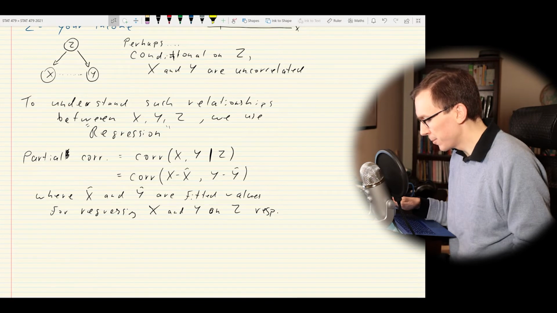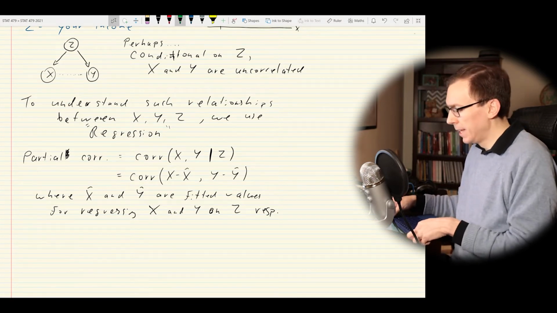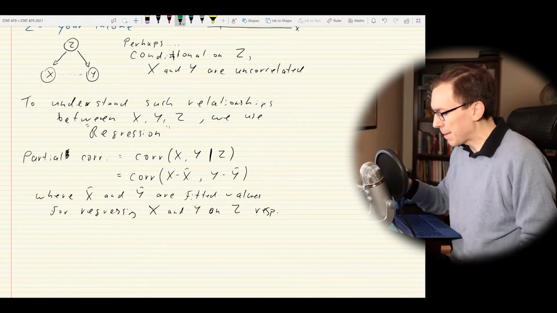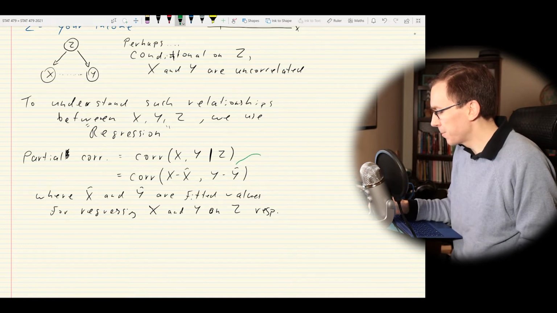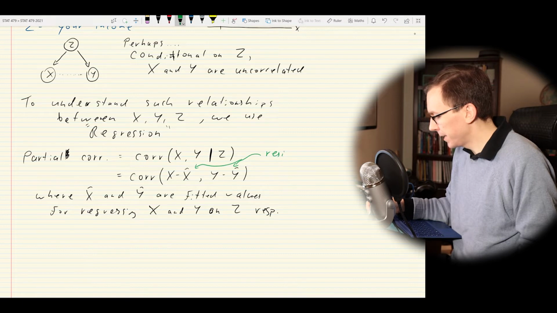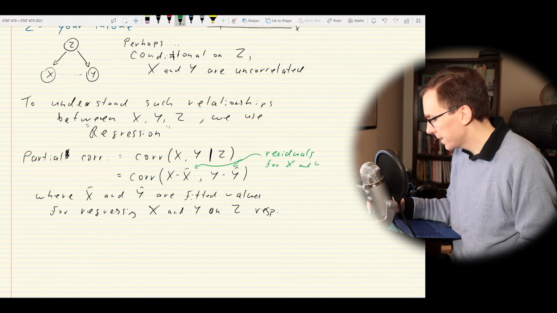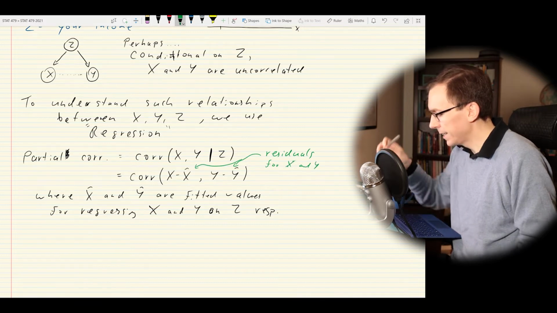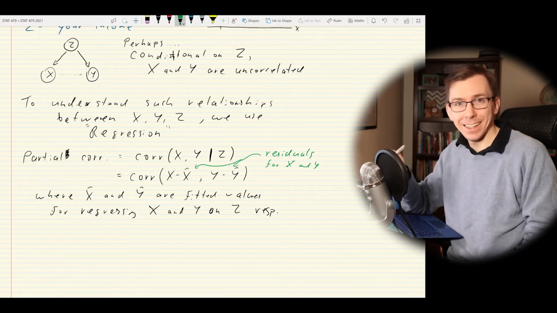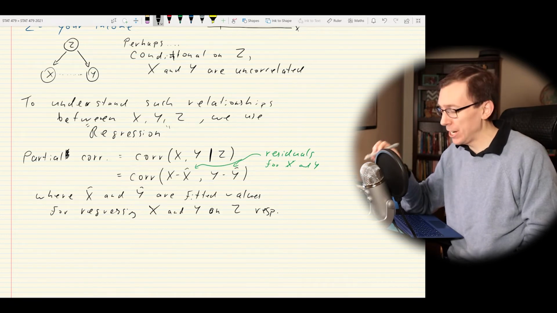There we go. Let's get some more room here to write. So what's actually happening is you're not computing the correlation between x and y, you're computing the correlation between residuals for x and y. So the thing that you're plugging into your correlation changes a little bit.